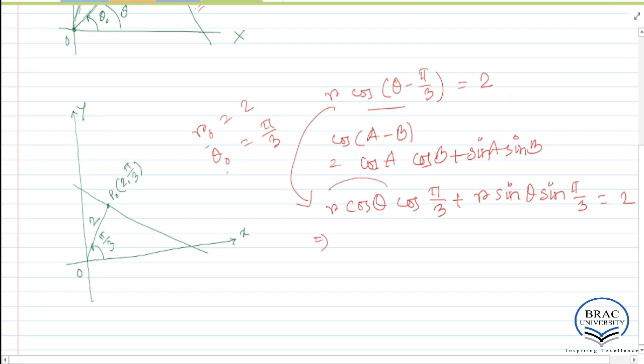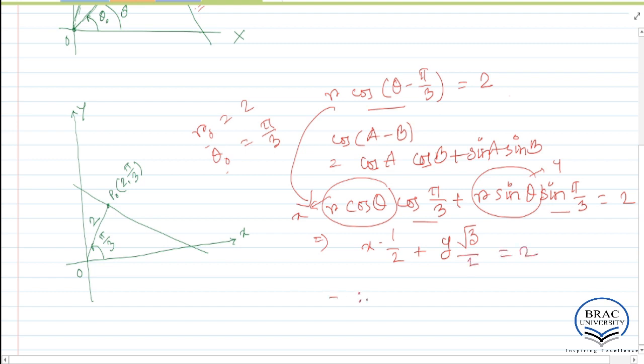Now remember that r cosine of theta and r sine of theta are equal to our Cartesian coordinates x and y respectively. So basically this cosine of pi by 3 is equal to half, and this sine of pi by 3 is equal to root 3 by 2.